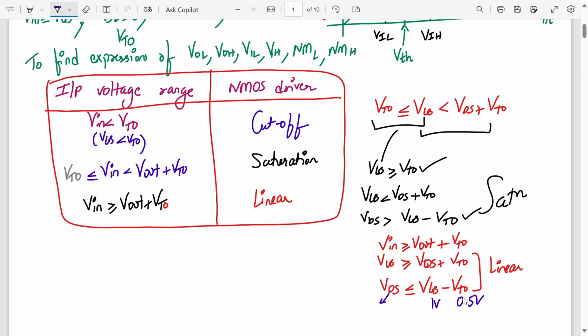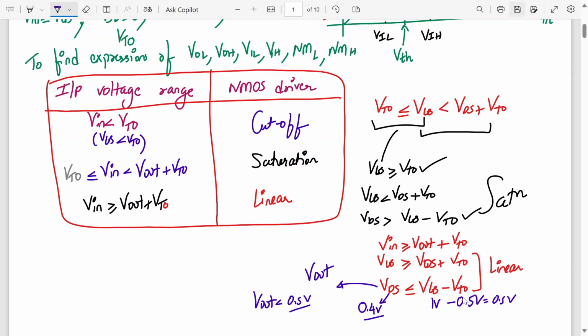When will VDS be less than VGS minus VTO? Here. This is 1 minus 0.5, which is 0.5. So VDS has to be lesser than that. VDS is equal to V out. So that means V out has to be lesser than 0.5 volt. Here it is 0.4, for example.